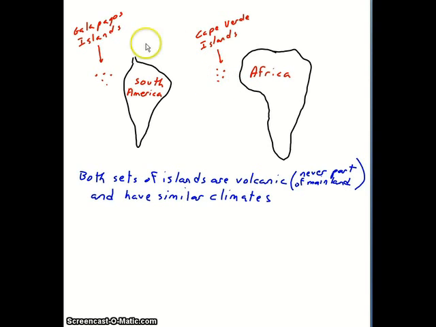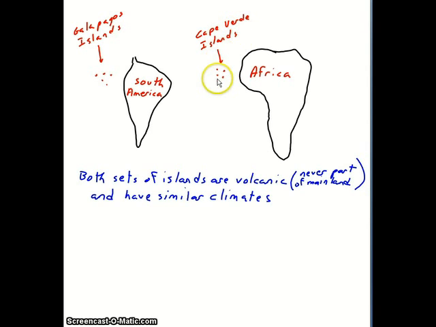With these islands being so similar, perhaps God would place similar species on these islands, whichever species have adaptations suitable to those kinds of conditions. Well, if they're suitable to the Cape Verde Island conditions, then they would also be suitable for the Galapagos Islands. So from this point of view, we might expect to find similar species on these two sets of oceanic islands.